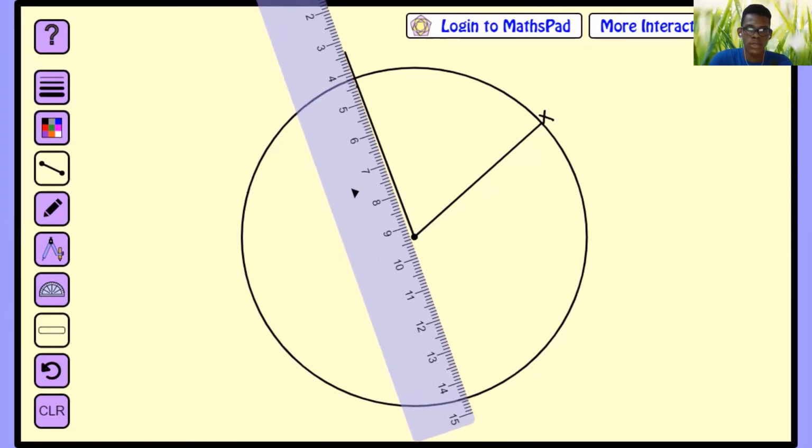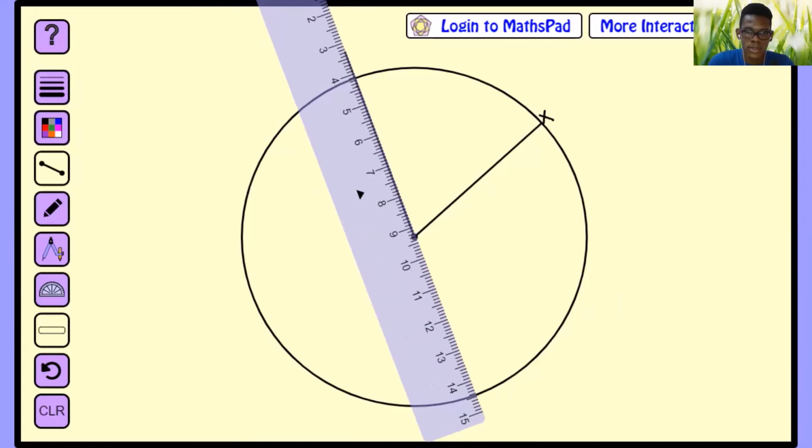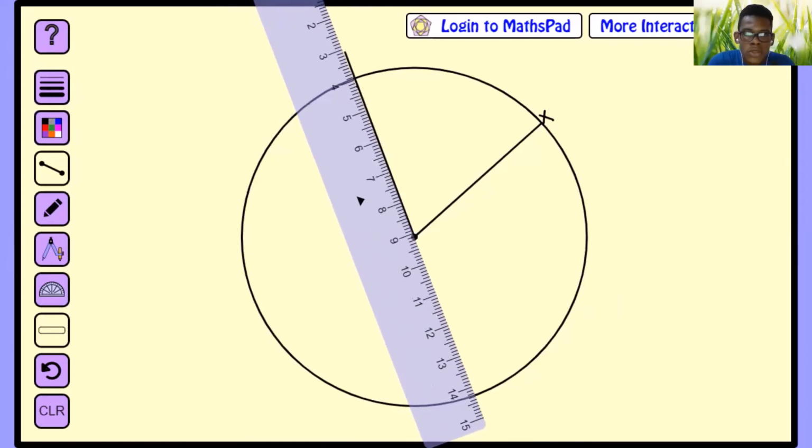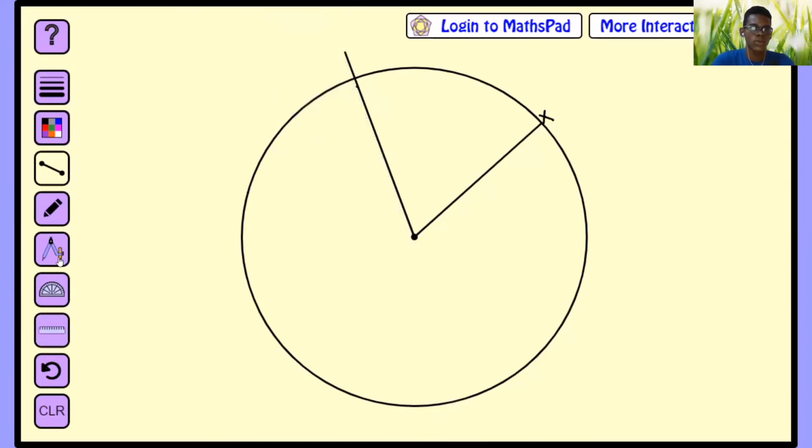This is what you would have to do. Take a ruler and draw the line from there, in line with your point there, and draw it to the circumference, right? So you'd have to do that with your ruler. But I have an app that can draw a straight line for me, so I just go straight.